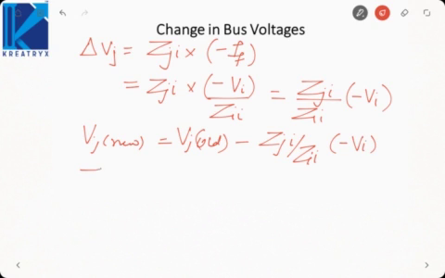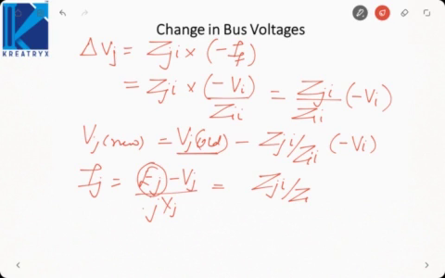Now the current supplied by the generator at j will be equal to Ej minus Vj by jXj. Now Ej was equal to Vj old because earlier there was no current in the system. So that means Vj old minus Vj new, so it will be Zji by Zii, so this will be plus Vi upon jXj.